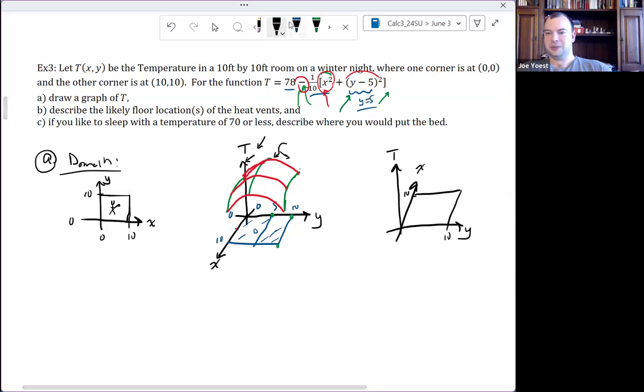So again, here's my domain. These are my inputs. And then moving along x, well, let me start with this curve at the very back here along the y-axis. That is a curve that looks something like this.